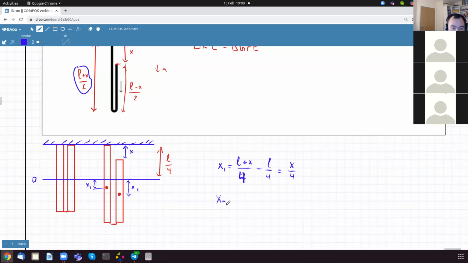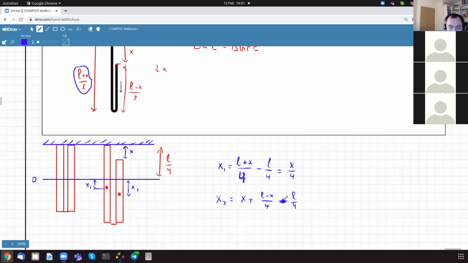And x2, now x2, it's going to be x plus L minus x over 4, this bit, minus L over 4.